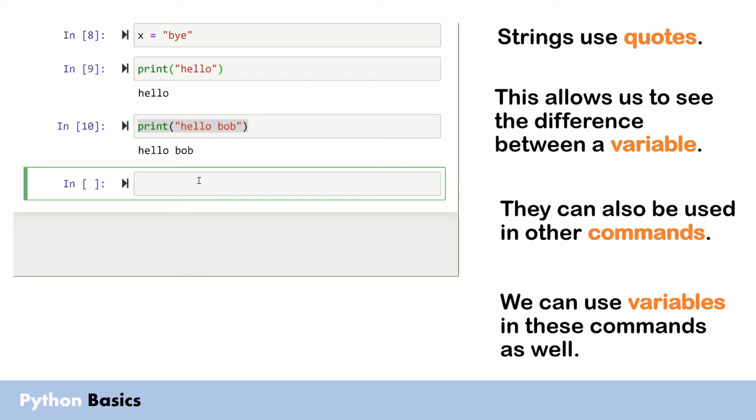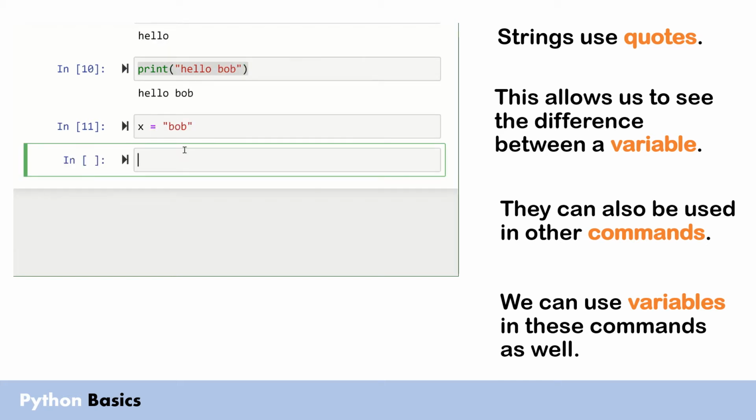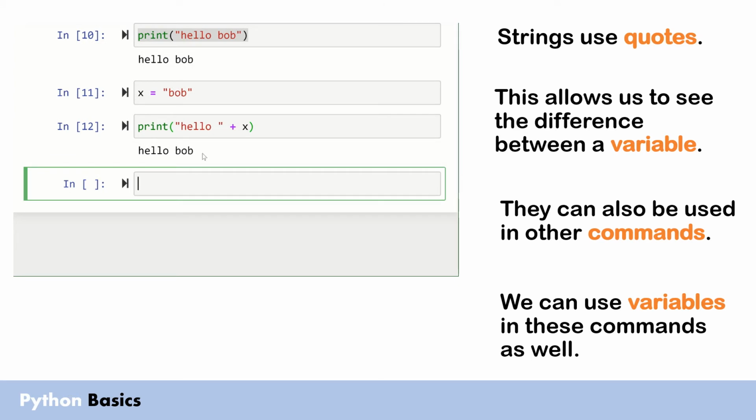Well, let's say I've got a variable x, which now equals Bob. I can maybe mix up my strings and my variable by doing this. I can have the string hello followed by the string x. I'm just going to put a space here, and you'll see why in a second. When I run it, you see it now says hello Bob.